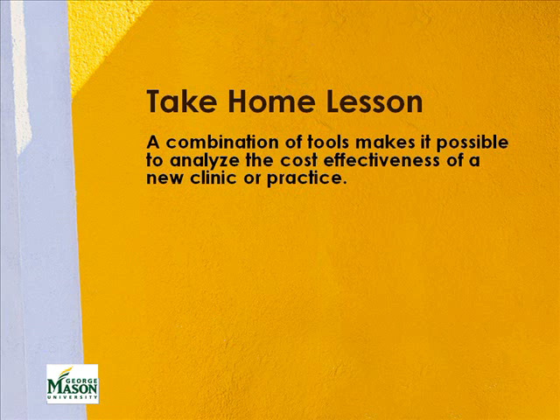So, what's the take-home lesson? This lecture has shown how cost and effectiveness of a clinic can be examined. A decision tree allows the calculation of cost effectiveness to be broken down into several separate estimates.